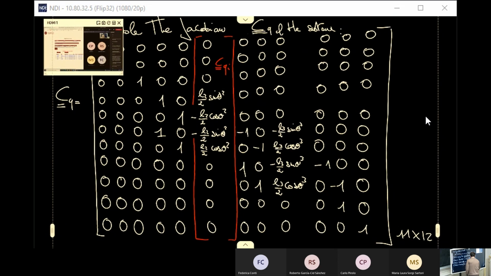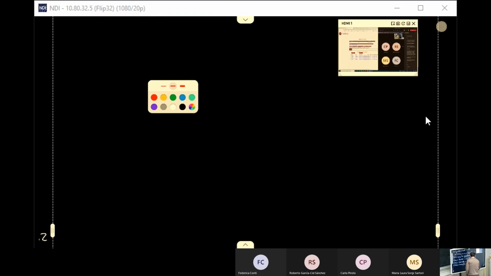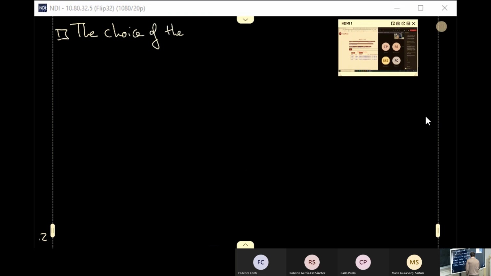Now, let's write it. So here, as I was saying, we are partitioning between independent and dependent. The choice of the coordinate is arbitrary.